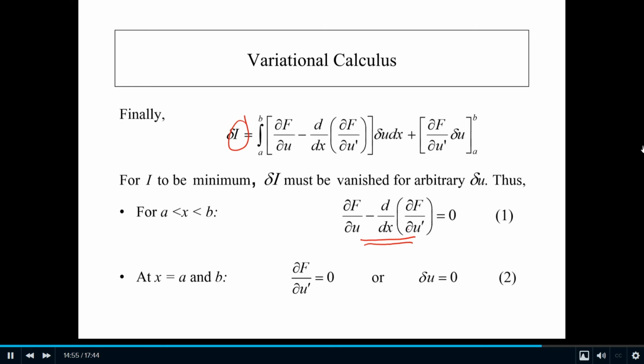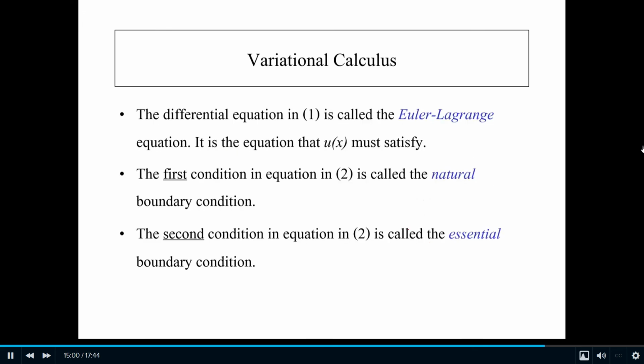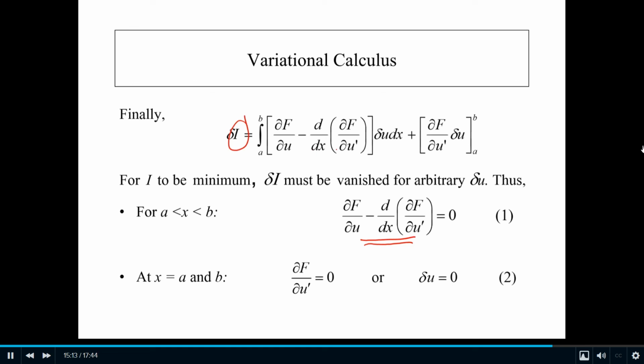You can look at the clip later. This is the Euler-Lagrange differential equation of your problem, the equation that your unknown u must satisfy. And these are the conditions at the boundary, the boundary conditions.